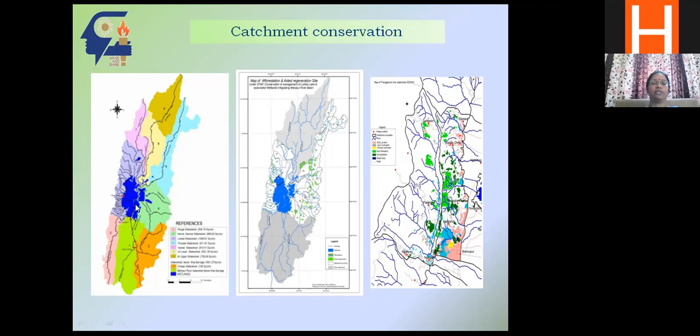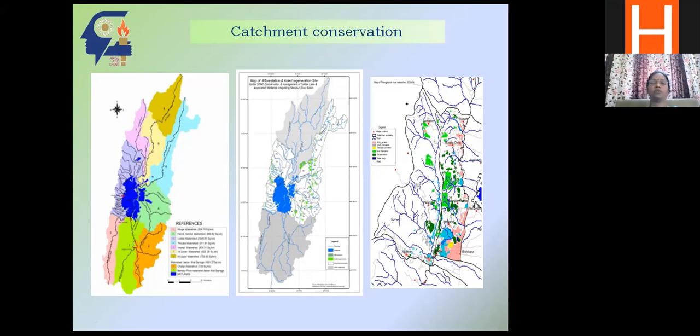When we were doing this, we saw that there was heavy siltation between this portion and this portion. So there was a suggestion for catchment conservation activities. It was nothing but an afforestation study. The fallow lands present in the watershed were converted into agricultural plantation land.